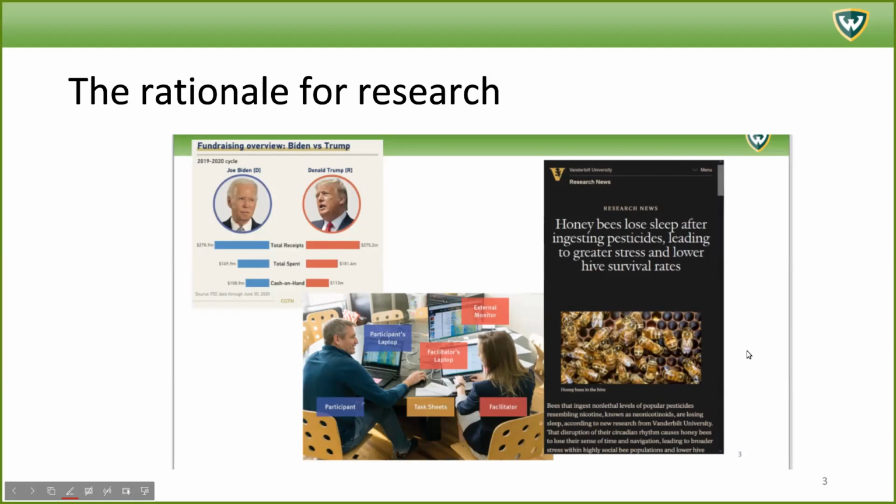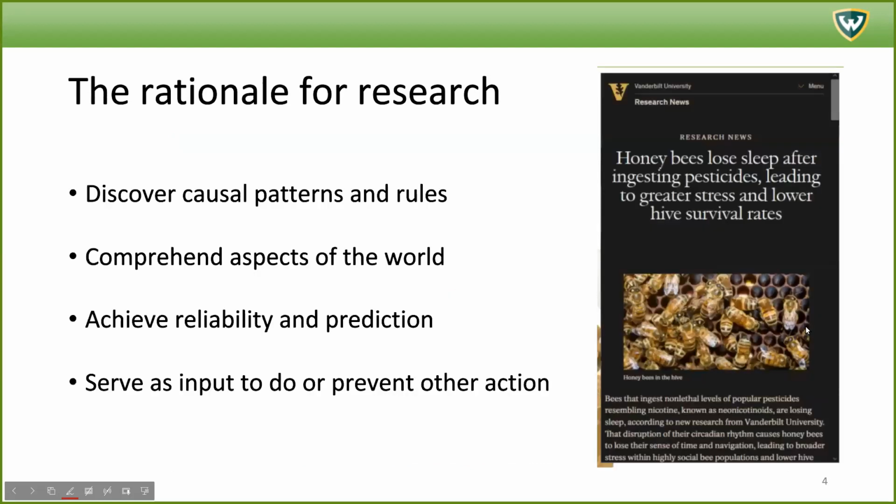So, in general, there are different ways to go about thinking about this, but the rationale for research is the rationale for inquiry. And often and in general terms, is to discover causal patterns and rules about the world. One of the key words here is causal.